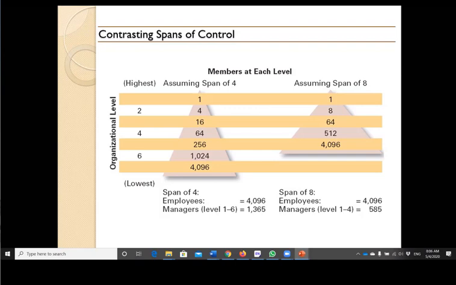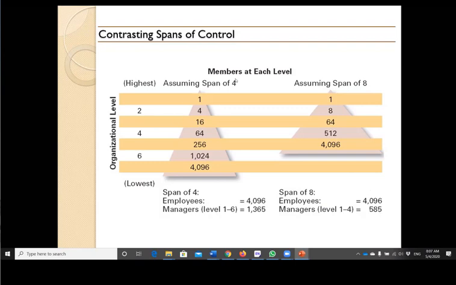And if you use a span of 8, you can reduce the number of managers to 585, nearly 3 times or 2.5 times fewer than the first case, right? And this one, of course, is more efficient. You can save a lot of money on the managers here, right?